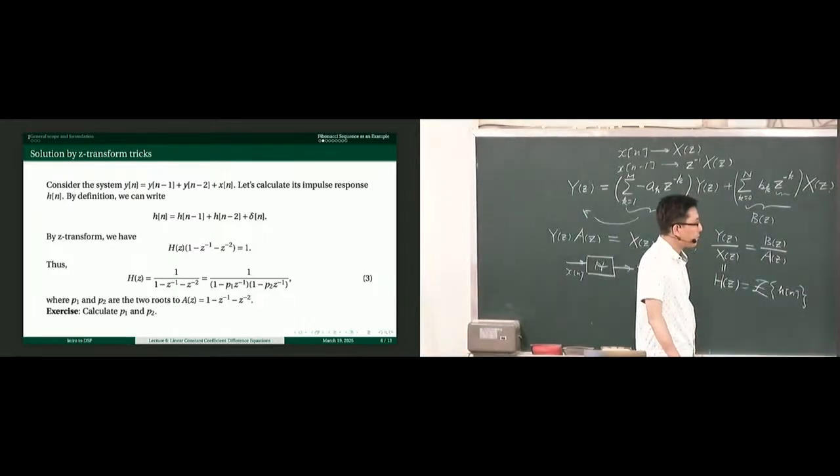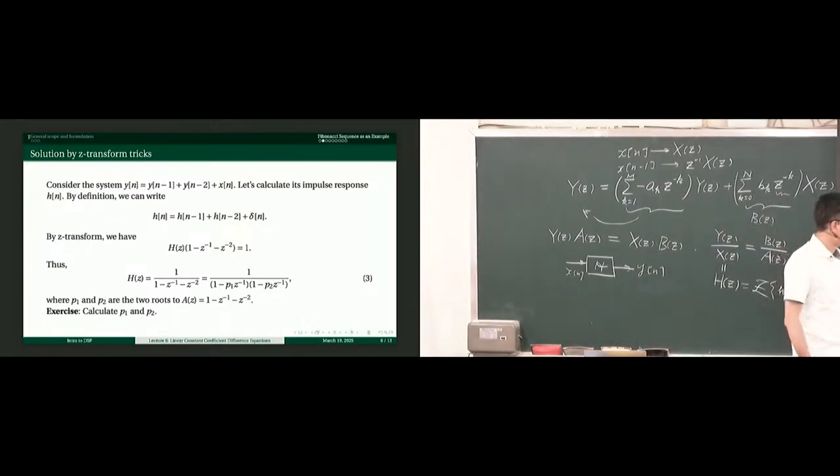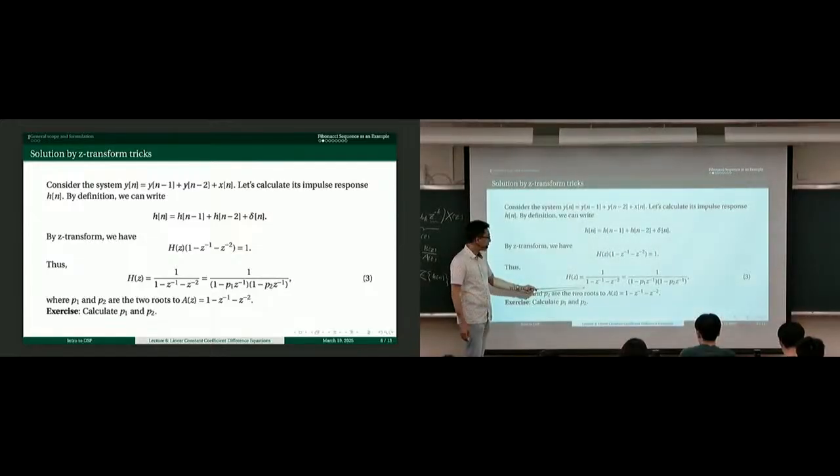If this doesn't look familiar to you, please let me know. So this is my way of notation. Second order polynomial, but the exponent is negative. It's a little tricky. We are more used to the kind of polynomial when the exponents are positive. But here, the exponents are -1, -2.